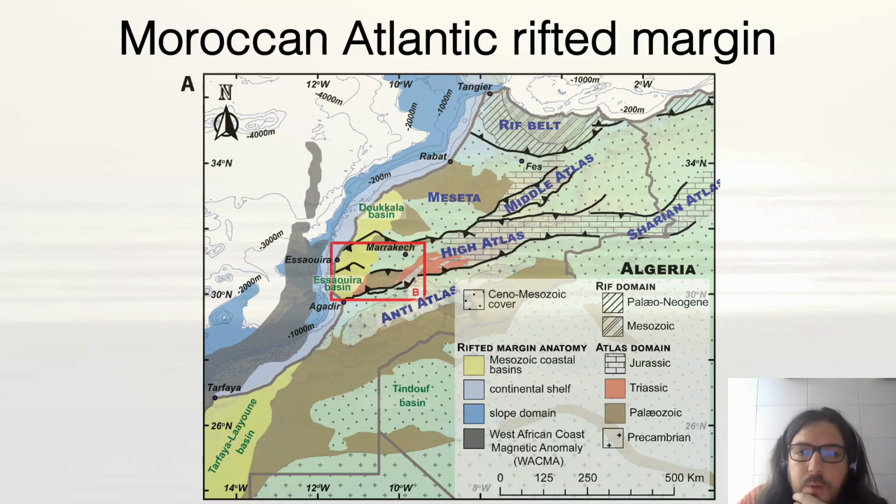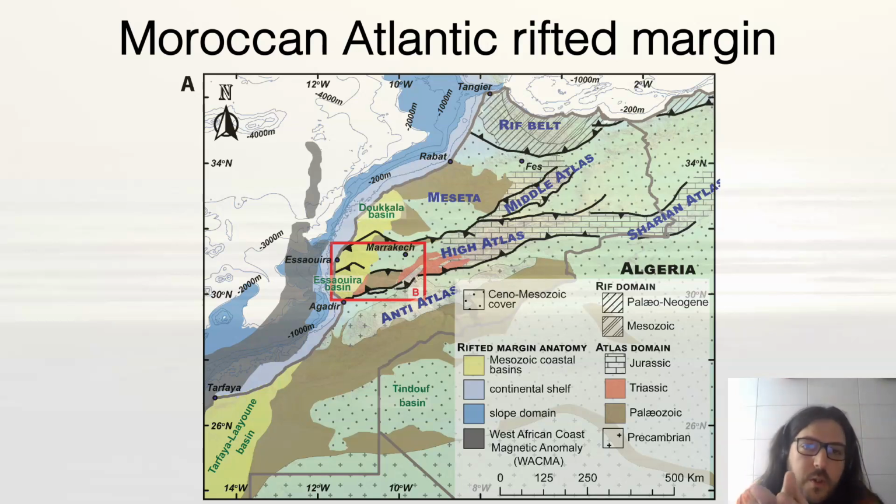What is important to note here is that during the late Jurassic to early Cretaceous, the rift margin experienced an unusual period of early post-rift subsidence, which caused the coastal basins and the continental shelf and the deep basins to lift up and erode areas to the east.